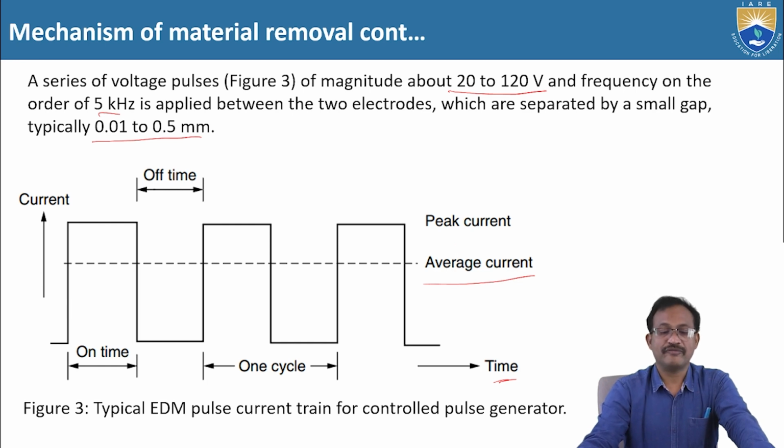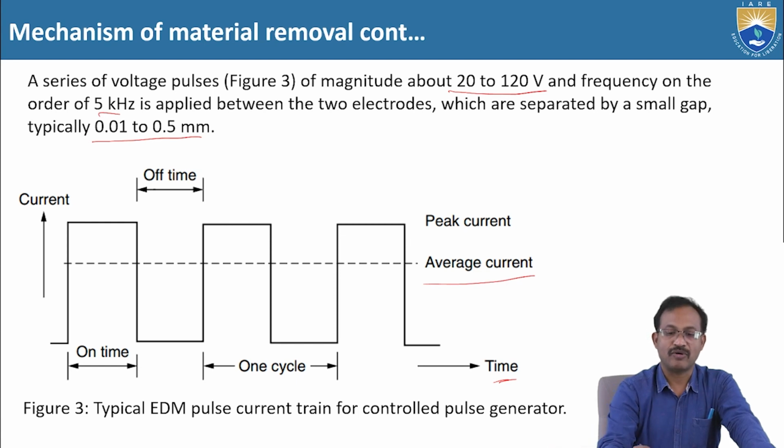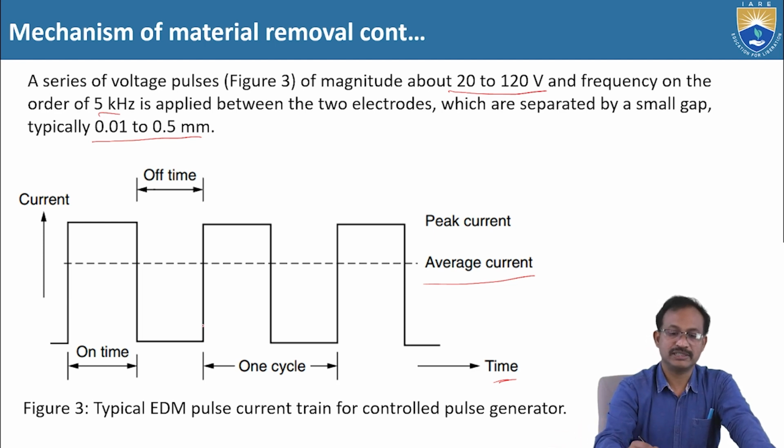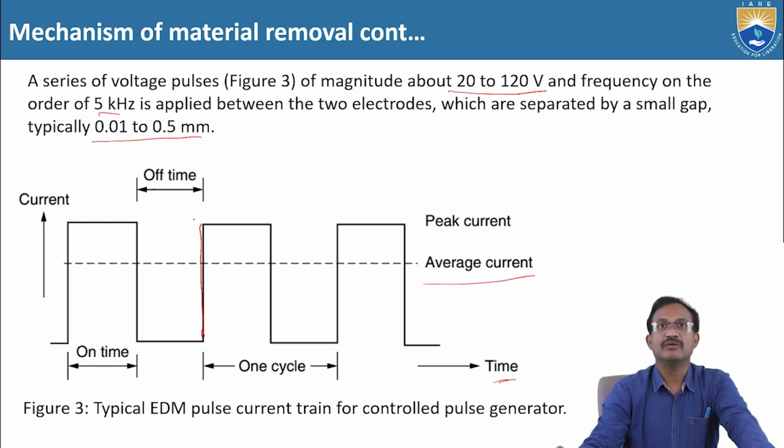However, one cycle represents the starting point of on time of one peak to the another peak. So this is the starting point of on time of one peak, and this is the adjacent starting point of the on time.